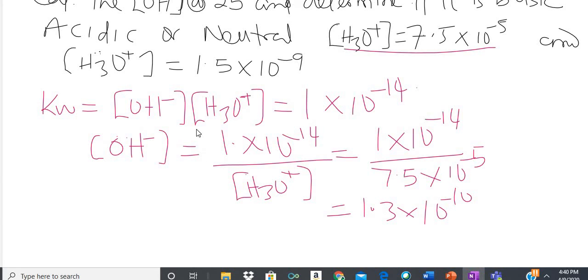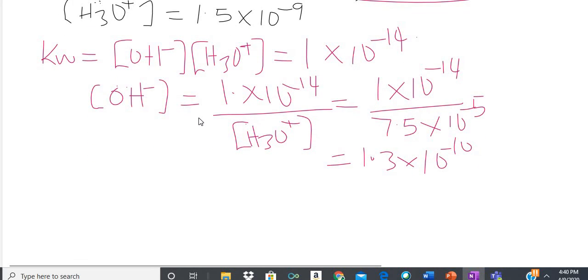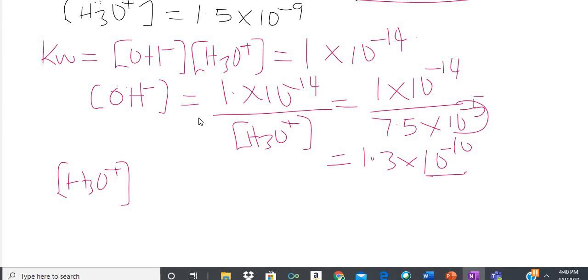The next thing we want to determine is if this solution is actually basic or neutral. So our hydrogen ion concentration, we can see here, it's 7.5 times 10 to the power negative 5, and this is 10 to the power negative 10.